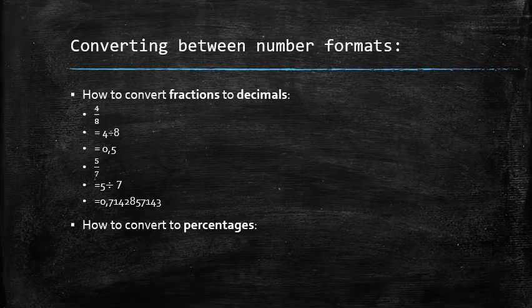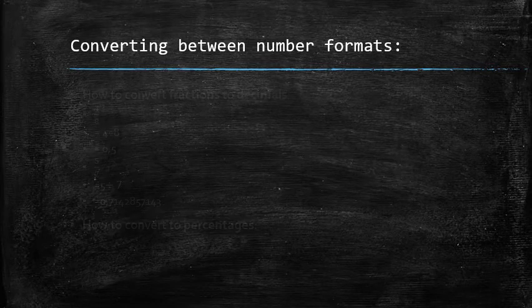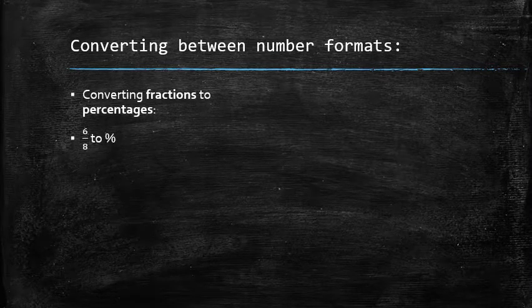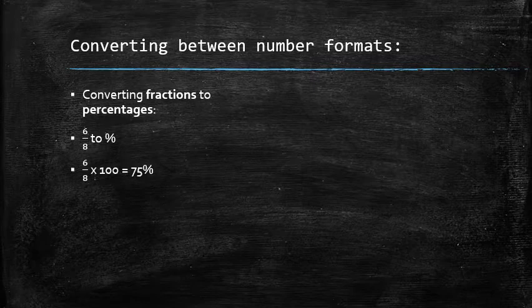Now, how to convert to percentages. So what we can do is we can take fractions or decimals and we can now convert them to percentages. And that is, we take the fraction, let's say 6/8, to a percentage. So then we say 6 divided by 8 times 100, which is 75%.